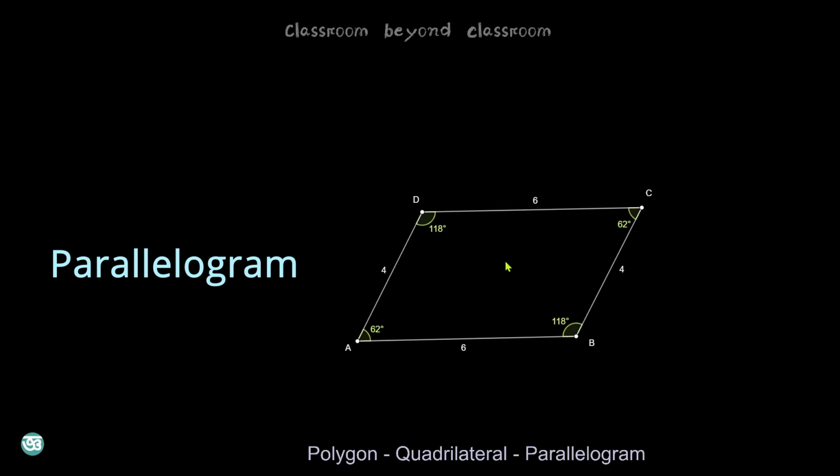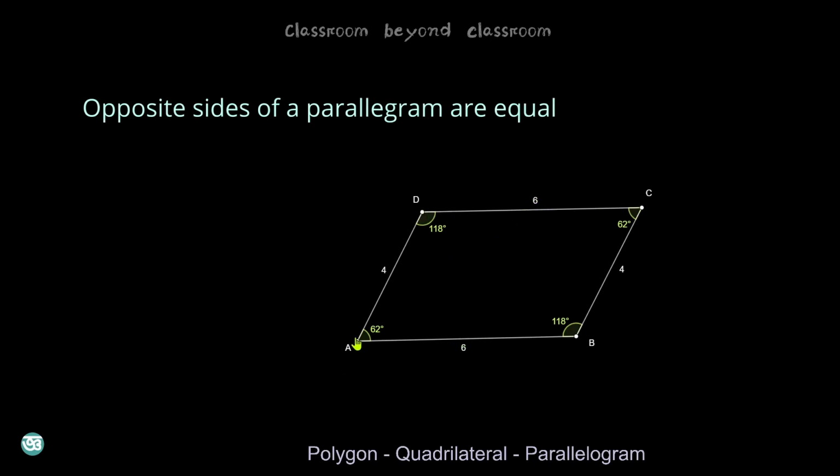There are some theorems on parallelograms, and one of the theorems is that the opposite sides of a parallelogram are equal. So you can see side AB has a length of 6 units and DC also has a length of 6 units. So they are equal in length. Similarly, side DA is equal to side CB. So opposite sides are equal.